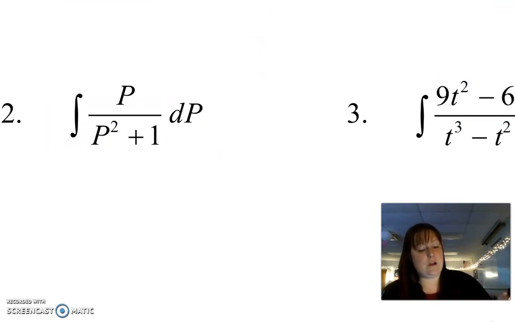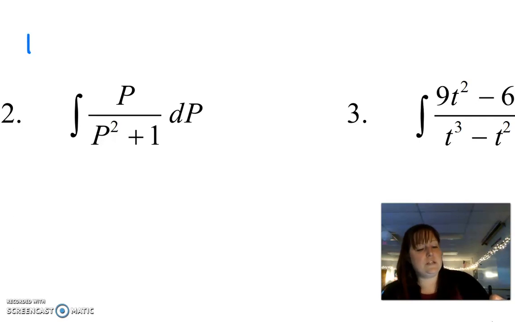Okay, this is where we see that there's a function and its derivative. So if you remember the rule from above, then you recognize that here's the function and its derivative. So this is probably just going to be ln of this function. Okay, but we're going to do it with U-Substitution just so that we can see that you don't have to remember another rule.